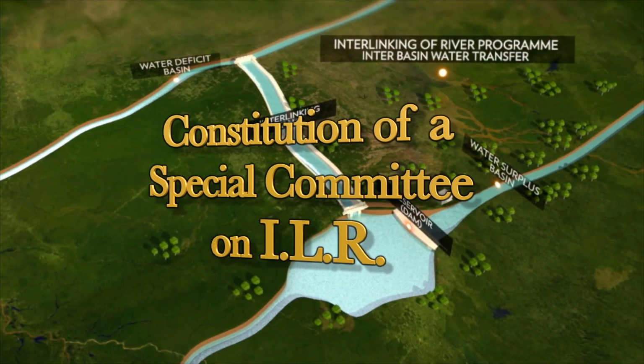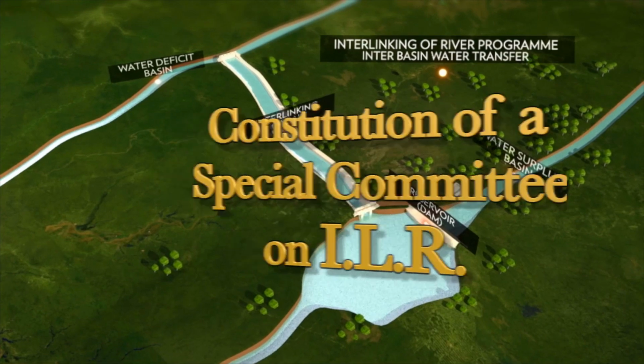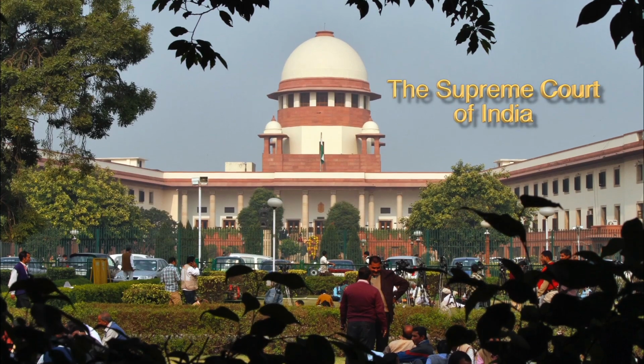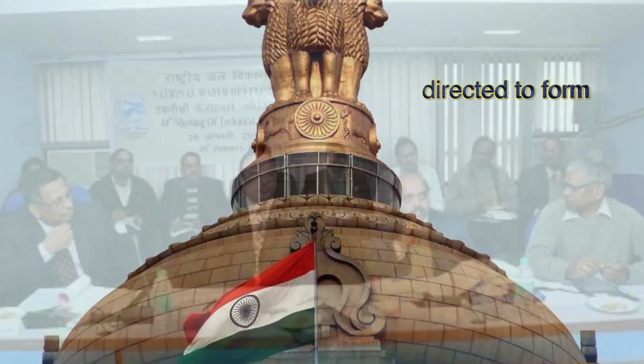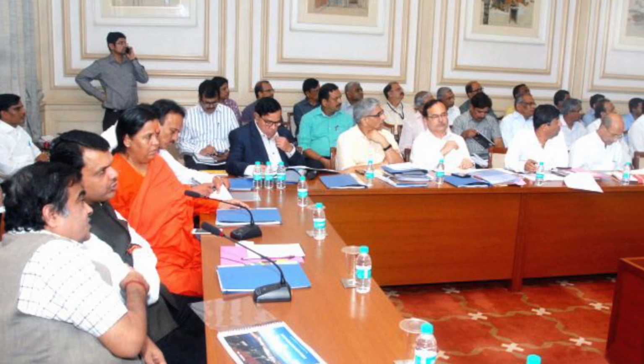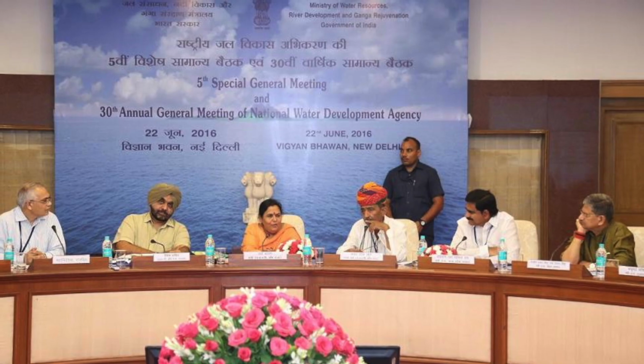Constitution of a Special Committee on Interlinking of Rivers. The Honorable Supreme Court directed central government to form a special committee for interlinking of rivers. The special committee was formed by Centre under the chairmanship of Honorable Union Minister of Water Resource, River Development and Ganga Rejuvenation, with representation from concerned ministries and departments. To ensure effective, time-bound implementation of the ILR projects, the special committee has been holding regular meetings.